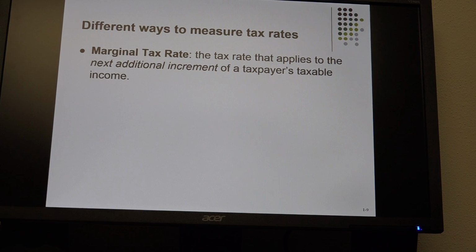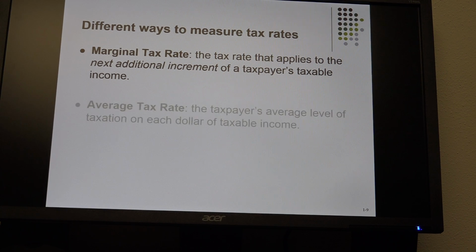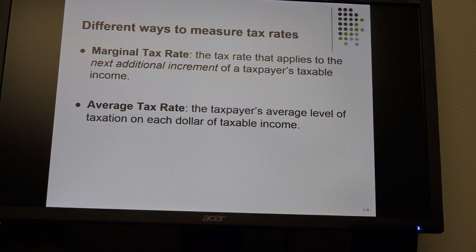Don't get too concerned if you read the examples and you don't quite understand it. Average tax rate. So here you take the total tax and divide it into taxable income. And so this is the taxpayer's average level of taxation on each dollar of taxable income.